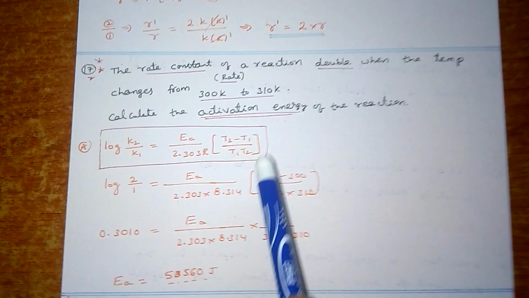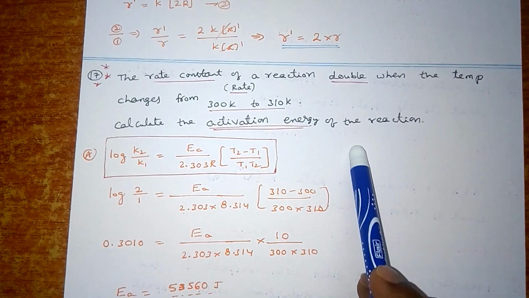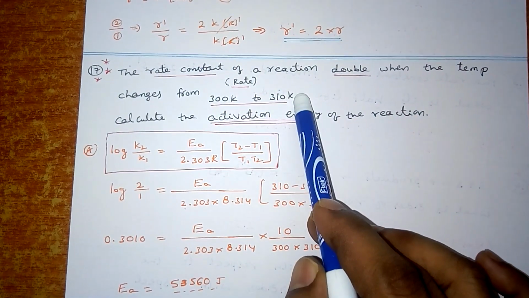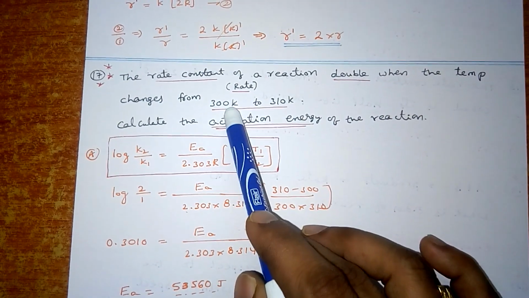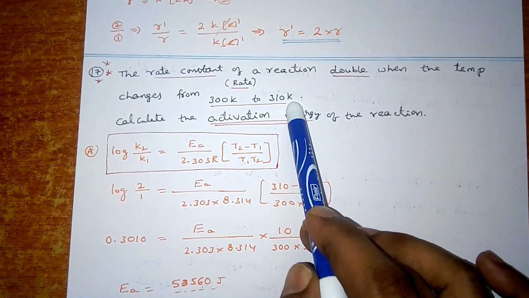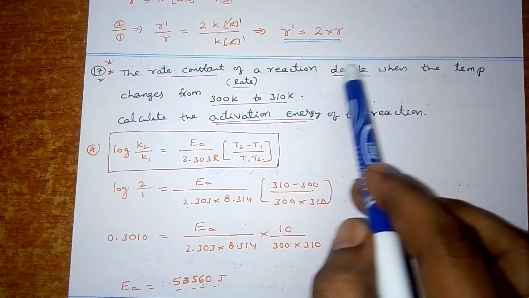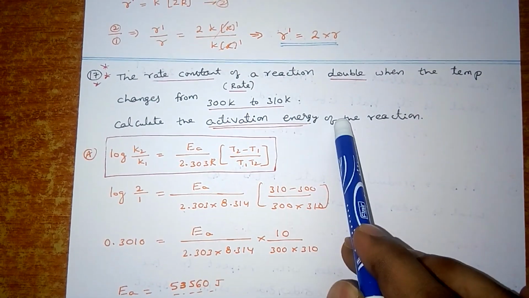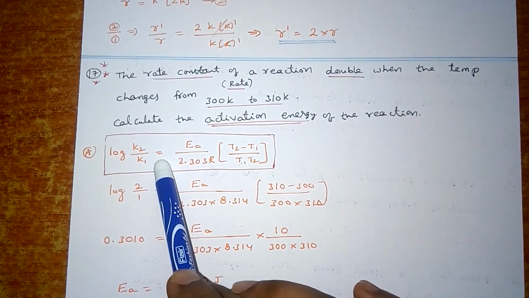Next, this problem again very important. Here two temperatures are given. If temperature is increased from 300 to 310, then the rate constant, the rate, is doubled. Then calculate the activation energy. This is the formula, remember.